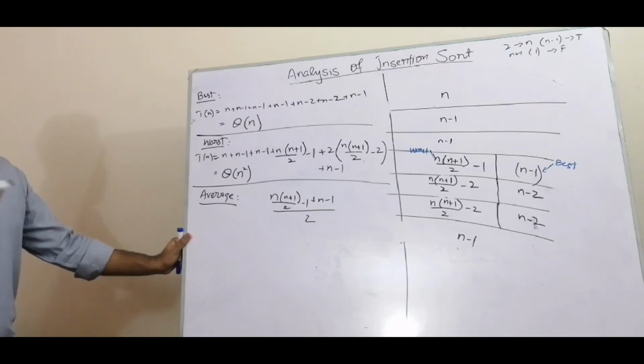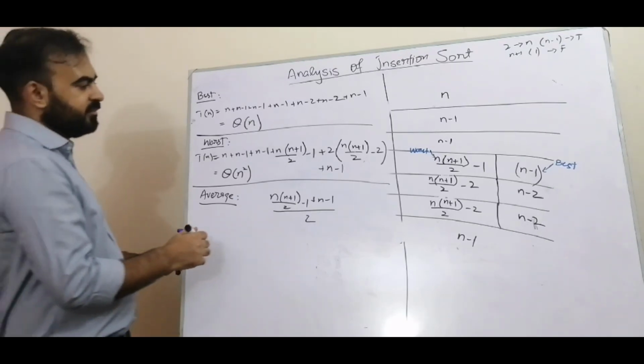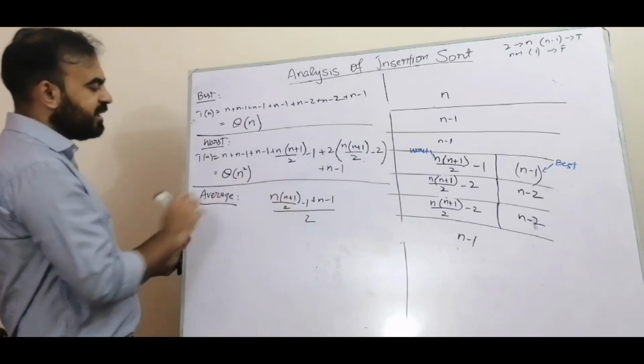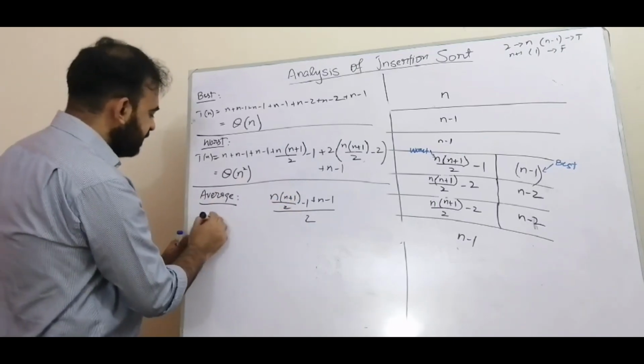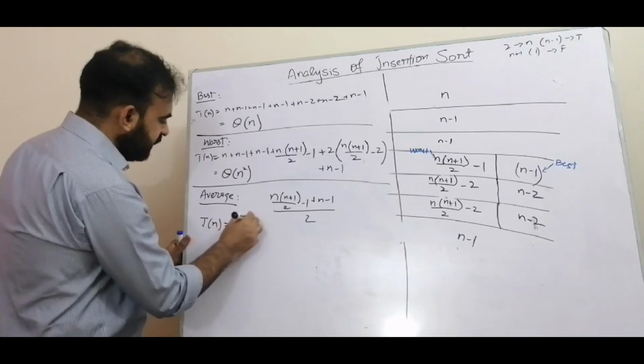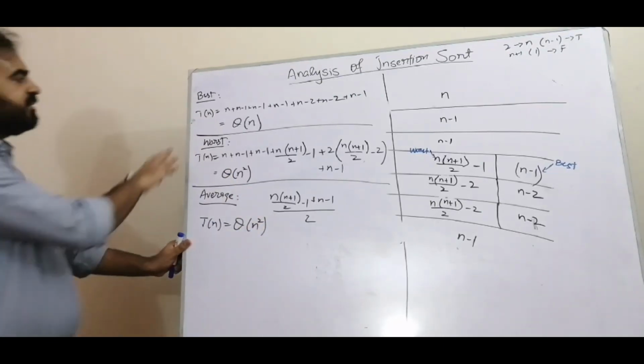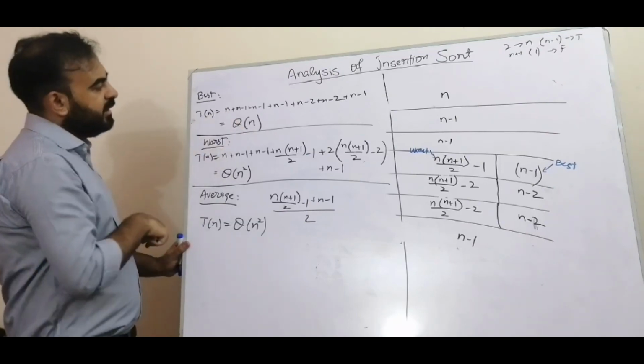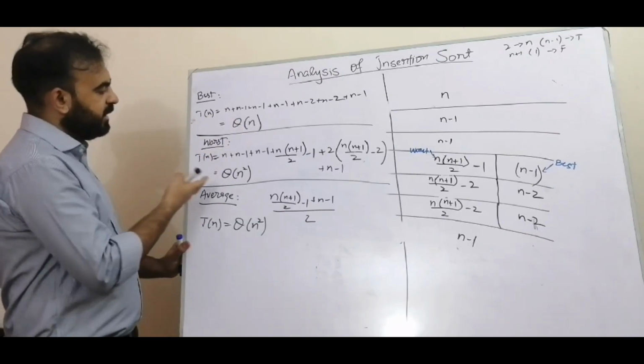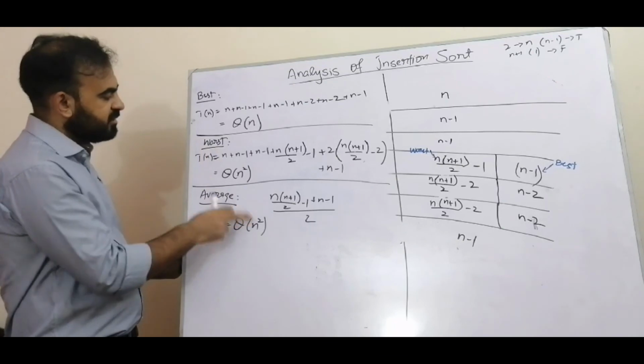If n squared is divided by 4, it will still be the highest order term n squared. So if the highest order term is n squared, then for the average case it is also theta of n squared. So only in the best case it is better than selection sort and insertion sort, but it is the same for the average case and worst case, still theta of n squared.